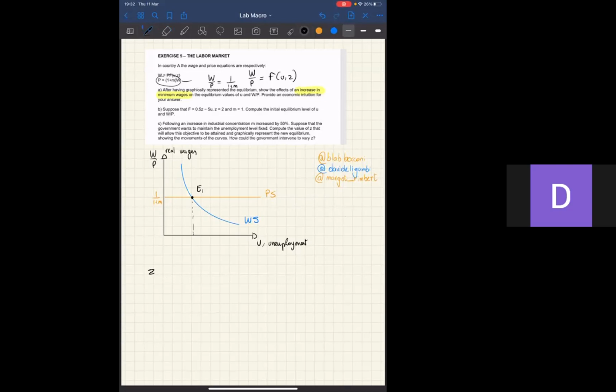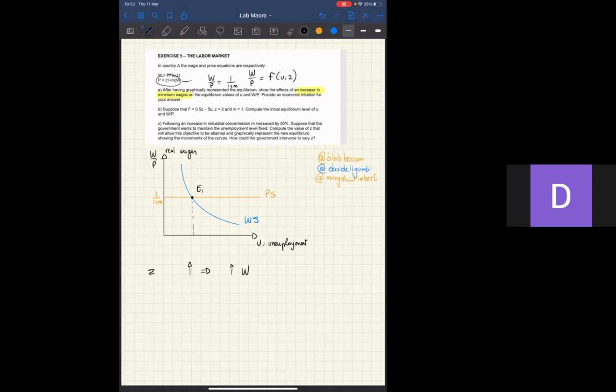Because it's a catch-all variable, it is very dispersive, and making an exhaustive list is very tiring and kind of useless. So what is the thing that determines the catch-all variable? It's basically all the variables that, when they increase, are going to increase wages.